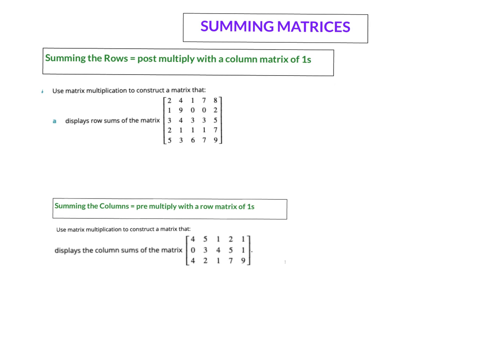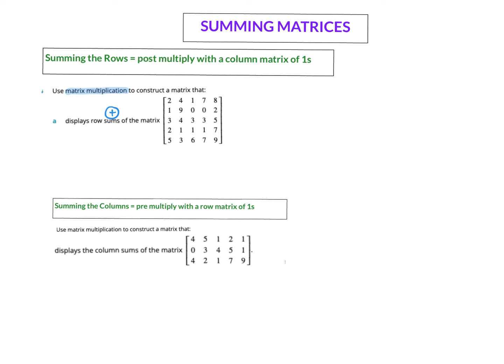So some of the application questions, you're going to see, this is where you need to understand the manual multiplication. So here they want us to use matrix multiplication to show how you could add up, so the sum means add up, all the rows.